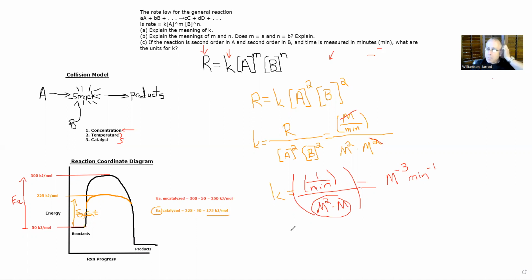So then K, if I were to type it, let me show you guys this in a larger font, let's do 36. K has units of molarity, and then how would I type it? The -3, see that, up caret, minutes, -1.